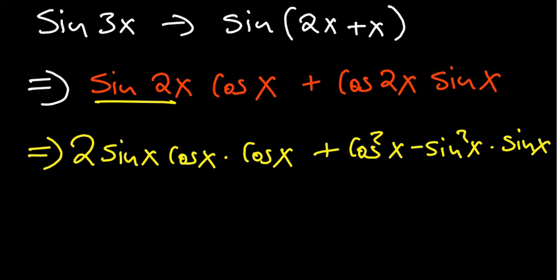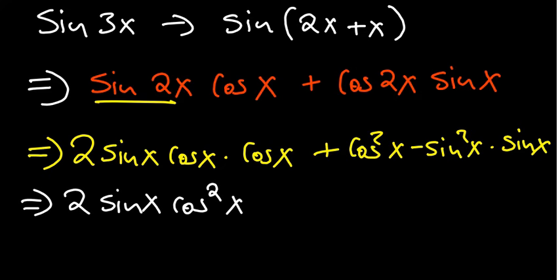So are we any step closer to where we want to get? If you substitute there, if you multiply 2 sine x cos x, it will now be 2 sine x cos squared of x plus cos squared of x minus sine squared of x, so we'll maintain that as it is.